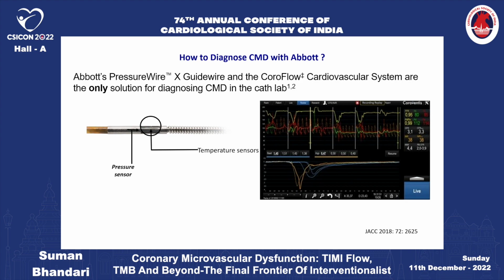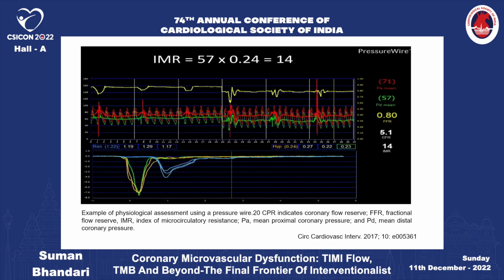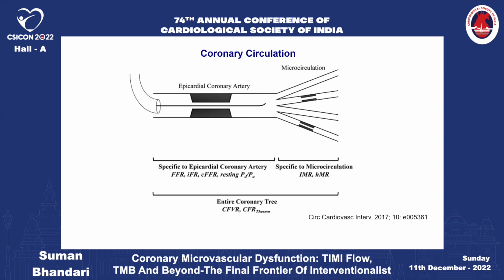Unfortunately, Abbott is not promoting this in our country, but this is the way we can assess the IMR in the cath lab, and an IMR more than 25 is considered significant. So if we look at the epicardial artery and microcirculation, then specific to microcirculation is IMR, FFR for the epicardial, and for the entire tree, the CFR.